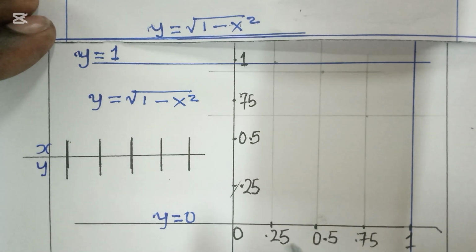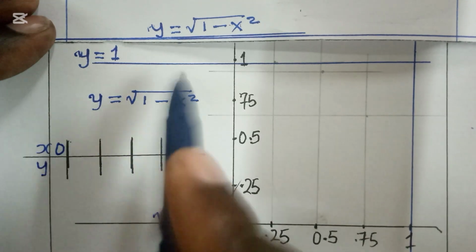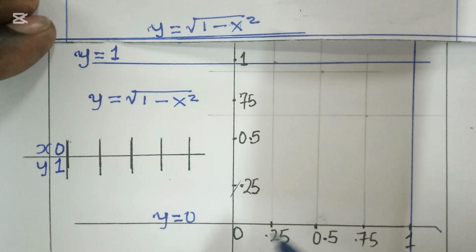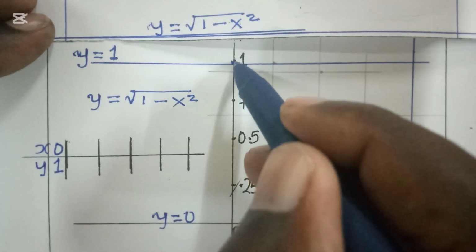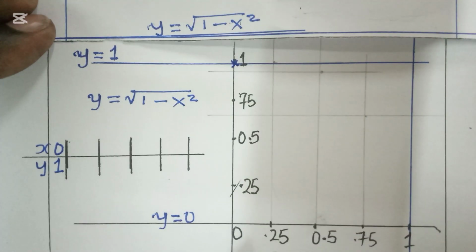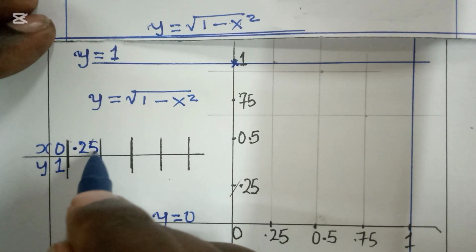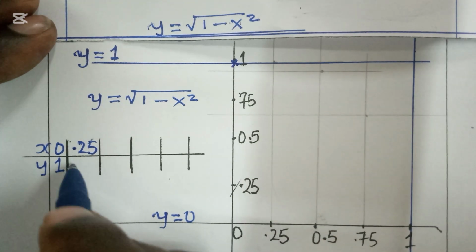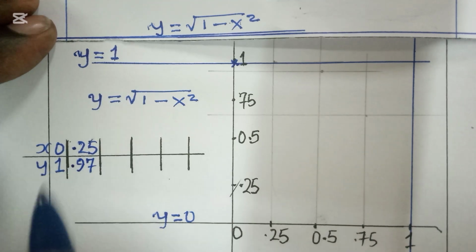The first value we have found out is that when you put 0 there, you get y as 1. So guys, we can even draw that point. When x is 0, y is this point, which is the highest point. Then we go to 0.25. When we put 0.25 here, that one gives us 0.97.